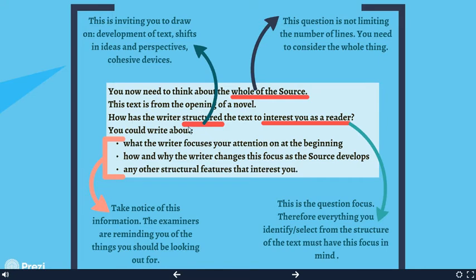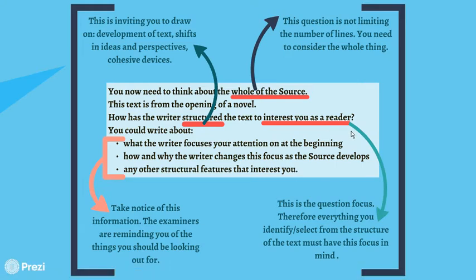How has the writer structured the text? With the use of the word structure, that's inviting you to draw on those 3 categories that we've just looked at: development of the text, shifts in ideas and perspectives, and also cohesive devices. Here's another interesting and vital bit of the question: the idea of interest you as a reader, because that's the topic of this question.